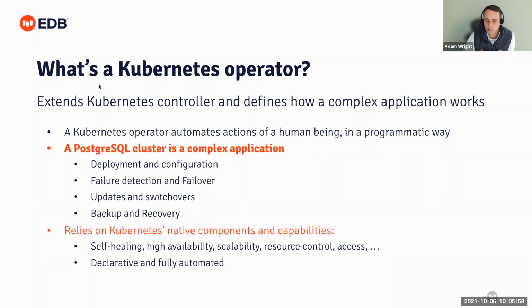What the operator allowed us to do, EDB being Postgres experts, is take all of that application knowledge that we have, our support group, our consulting groups, everything around Postgres operations, and put that into an operator. So things like deployment and configurations, failover detection, failover, how do you patch, how do you do switchovers, backup and recovery, all of that we've been able to code into the operator.